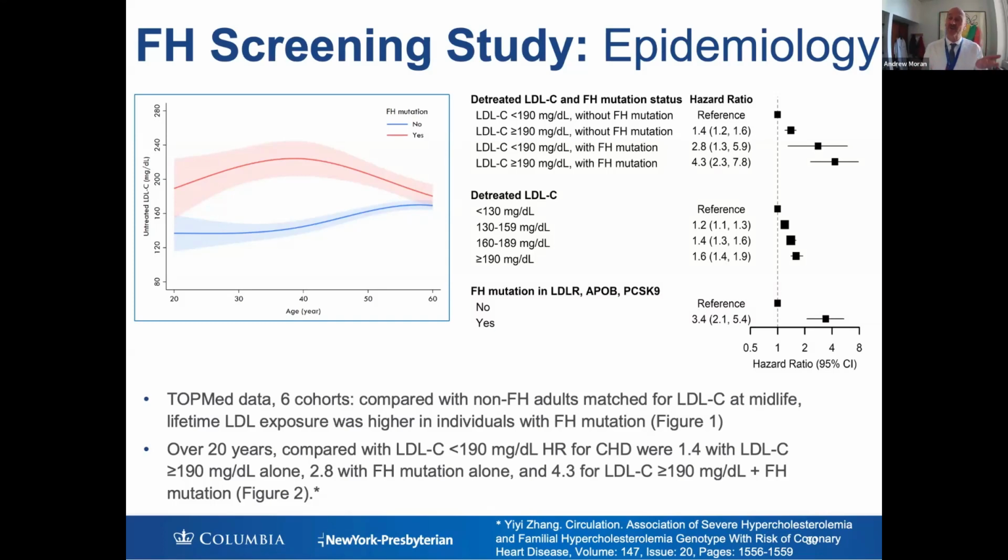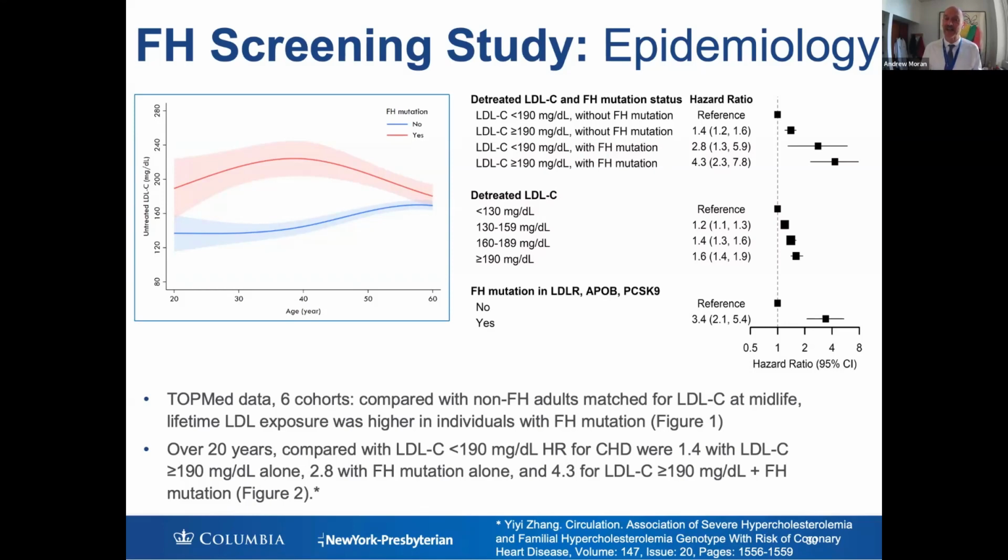It's not that their cholesterol rose as they had environmental exposures and lifestyle choices that led to their high LDL cholesterol. To illustrate that, on the left-hand side we have a part of this analysis where we took people in the data set who had a similar LDL cholesterol around the age of 60.